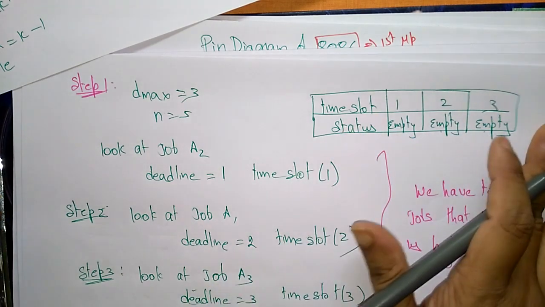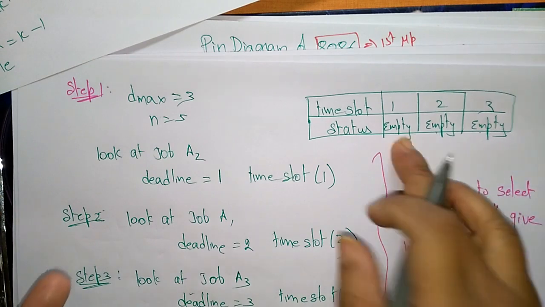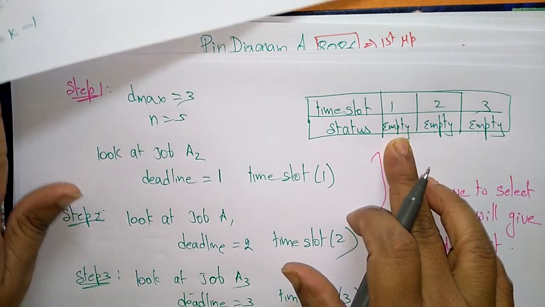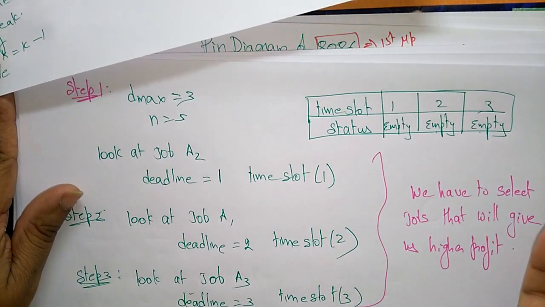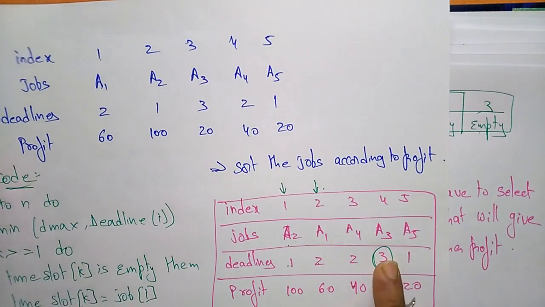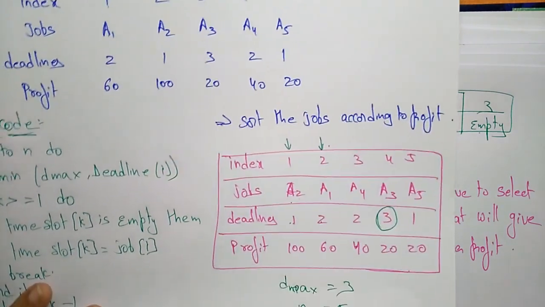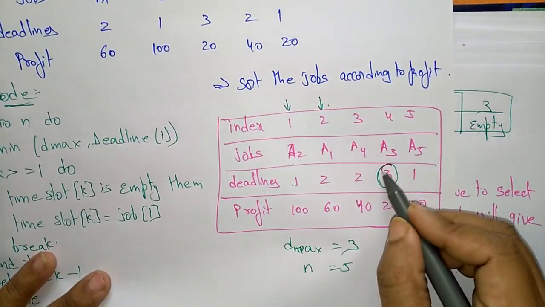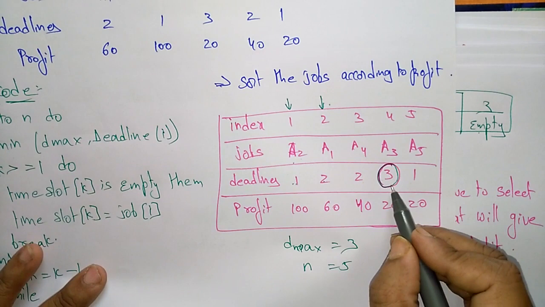Within the 3 time slots, the jobs that are assigned here should give the maximum profits. Of the total 5 jobs I have to take only 3, because the maximum deadline value here is 3.